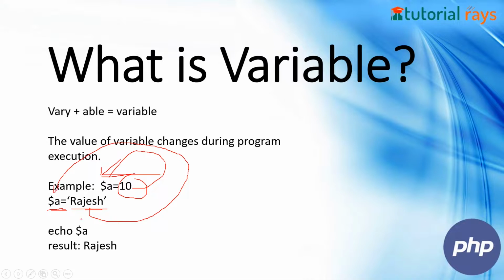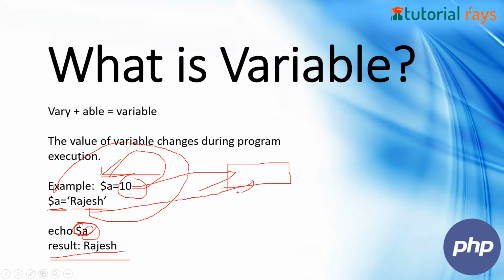No problem. When we print this, it will show Rajesh rather than 10. Why? As I told you, the memory is temporary, so initially the value was 10, but later Rajesh was stored here and the 10 was overwritten.